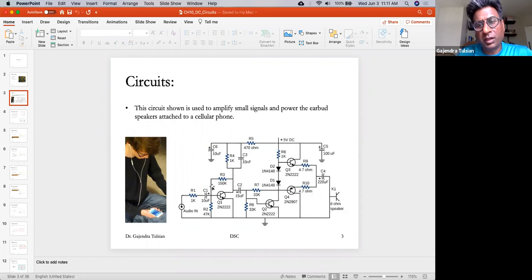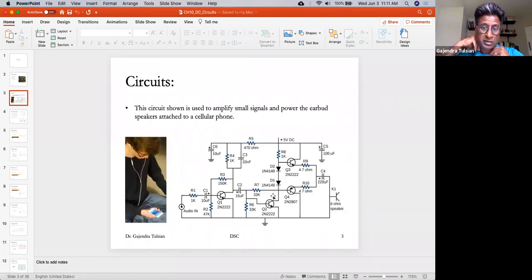Now what you're generally interested in in a circuit is the current through every element in the circuit. These are diodes, these are transistors, these are capacitors, and these guys are resistors, as you know. So the circuit has resistors, capacitors, transistors, and diodes.